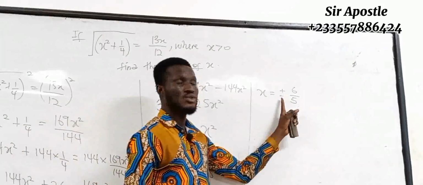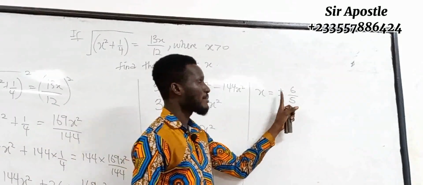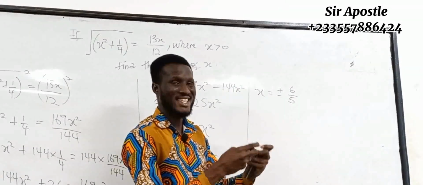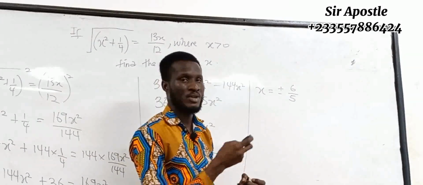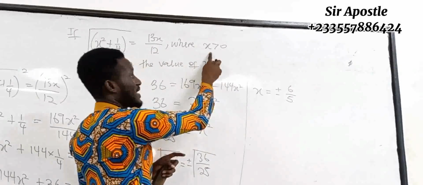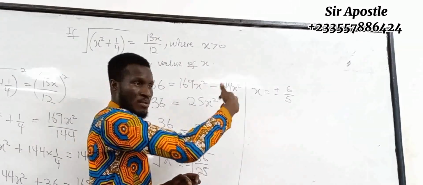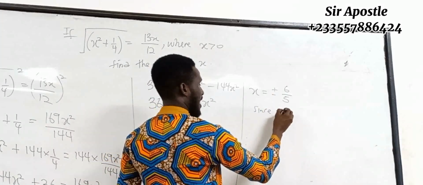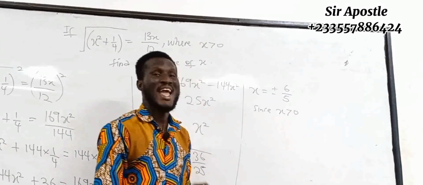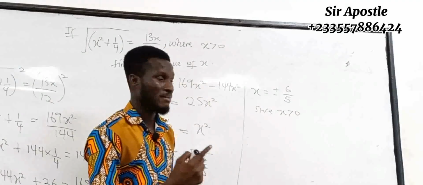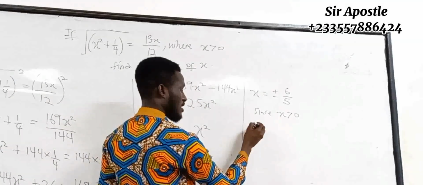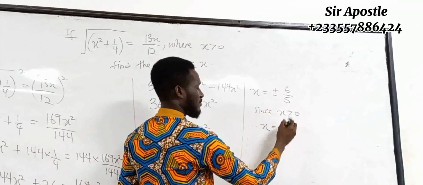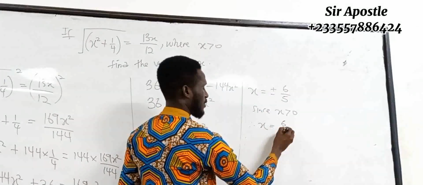Now since we are getting 2 answers here, one being negative and another one being positive, we have to conclude by taking the positive answer, because it was made clear here that the x is supposed to be a positive number. So since the x is greater than 0, that is, since x is a positive number, then I can conclude that therefore the value of x is equal to, we take the positive part, 6 out of 5.